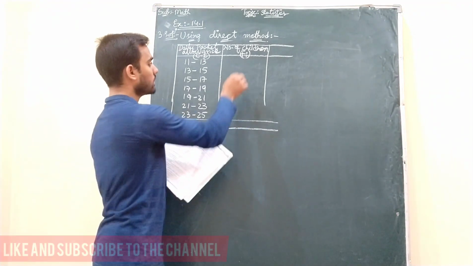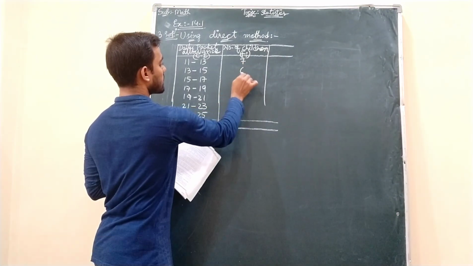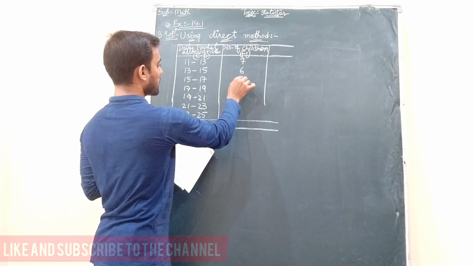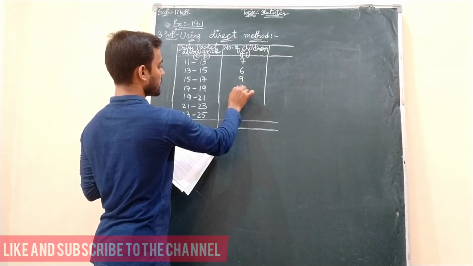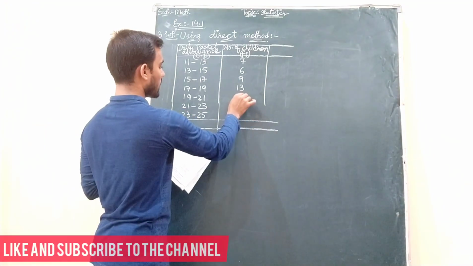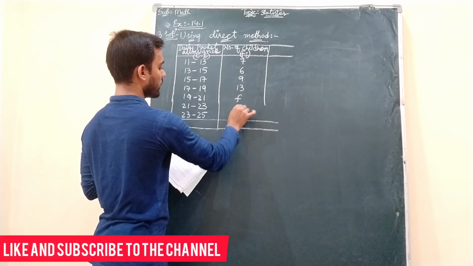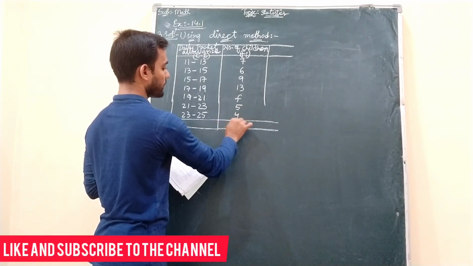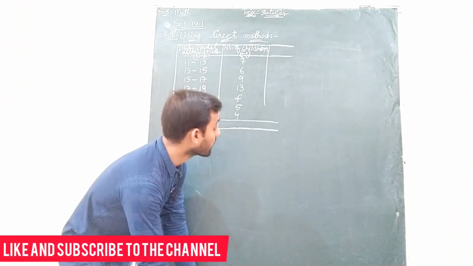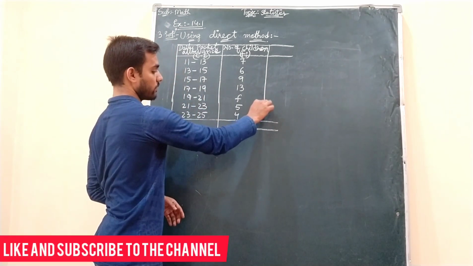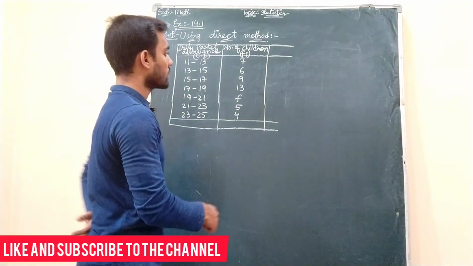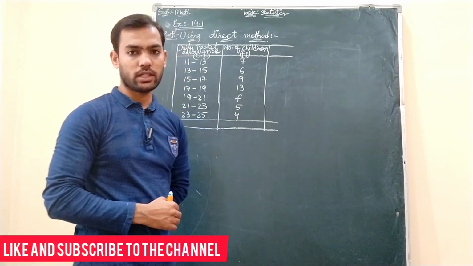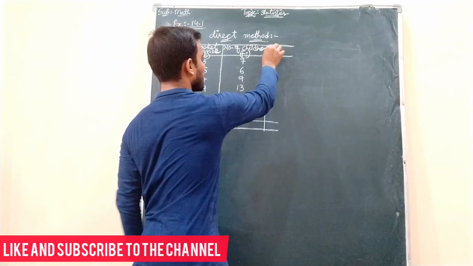The number of children: 7, 6, 9, 13, f, 5, 4. So in the direct method, the third column will be Xi, the mid value.